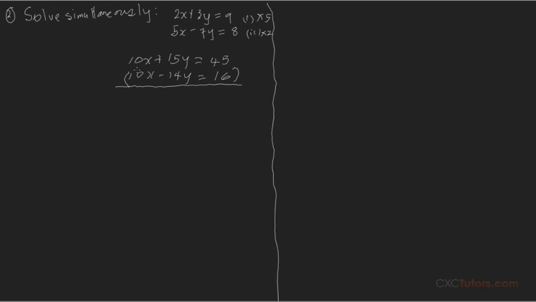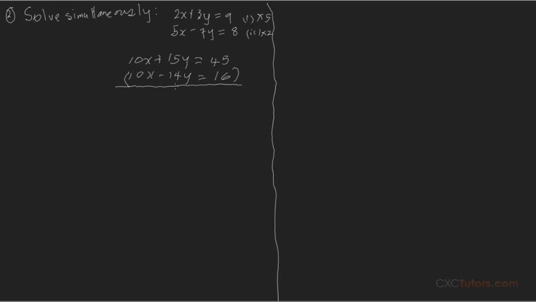They both have positive 10 as coefficients, and so that is why we are subtracting. If the signs were different, we would add the two equations. For instance, if we were eliminating the y, and we had positive 15 right here and negative 15 at this point, then we would add the two equations to eliminate the y.